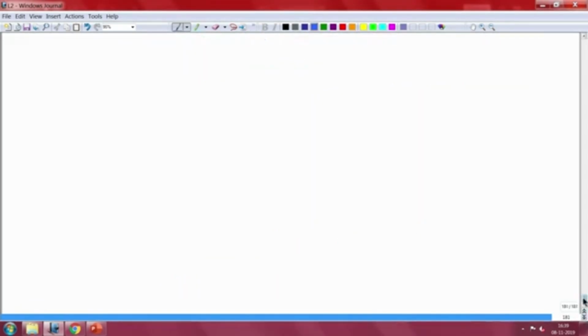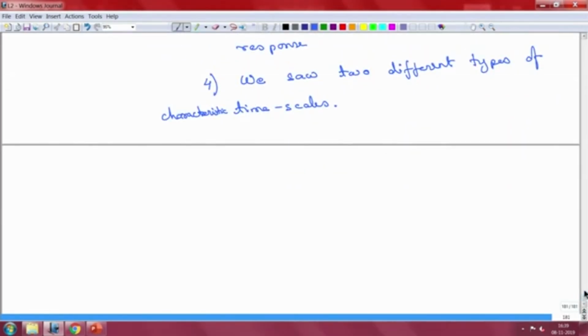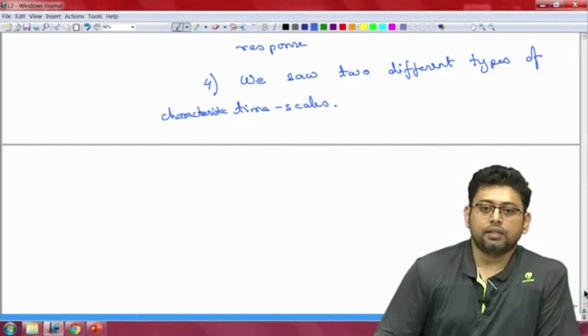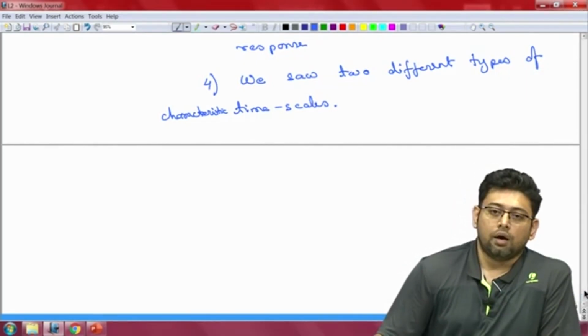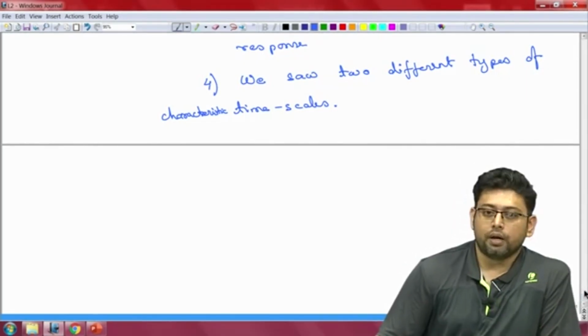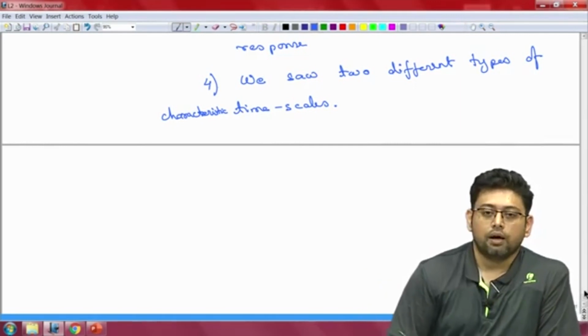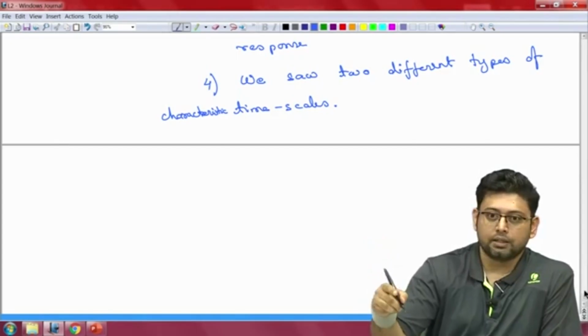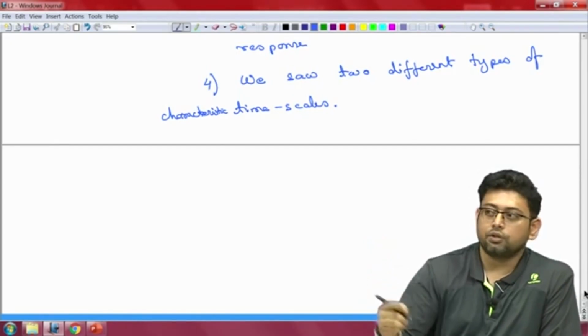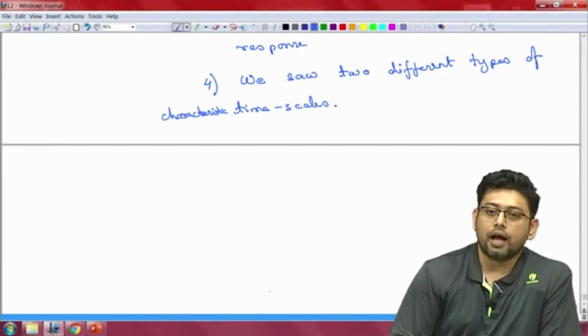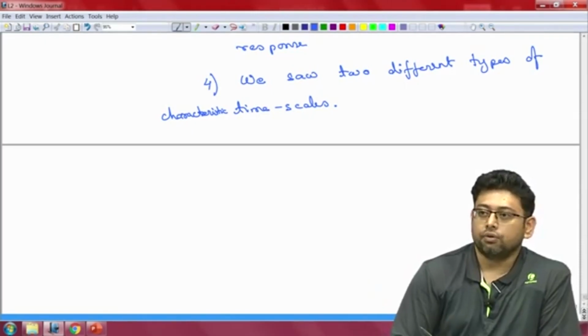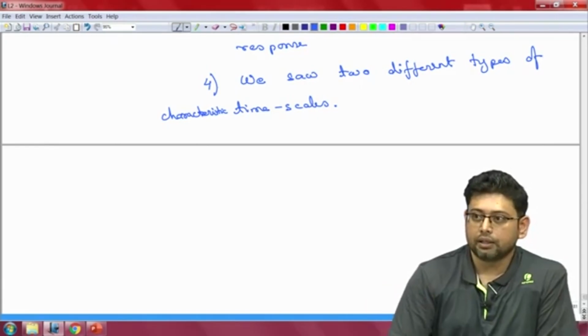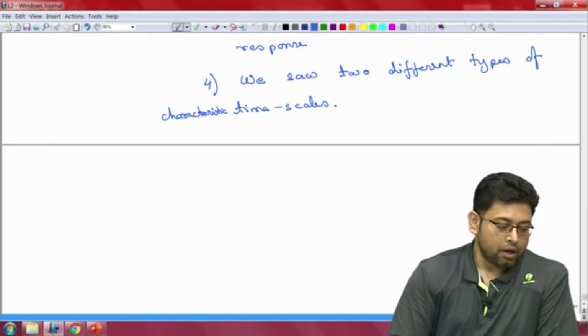So, we saw that for an n body system, for example, a Maxwellian model where you have n number of elements, maybe in one case we said that the viscosity tends to infinity, and then we saw that whatever is the order of the polynomial, that many characteristic time scales will be there, right.